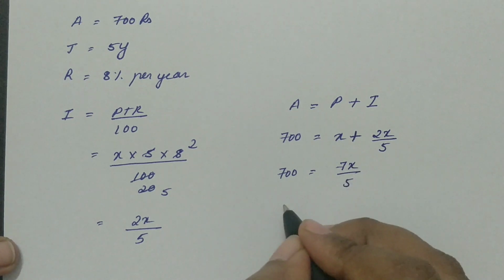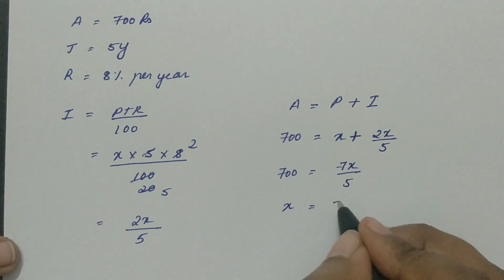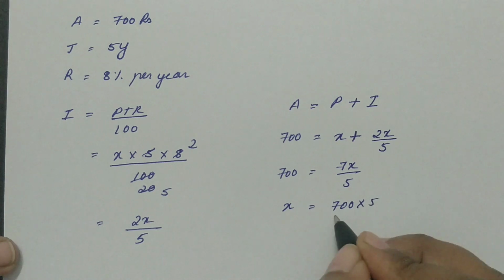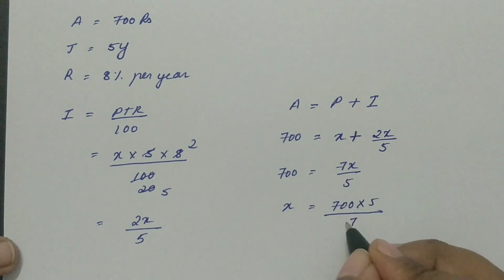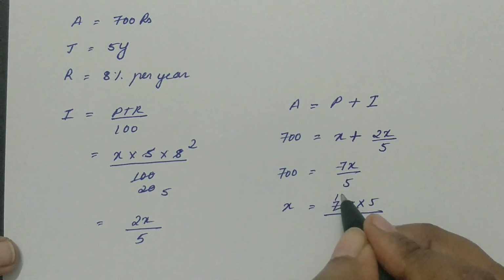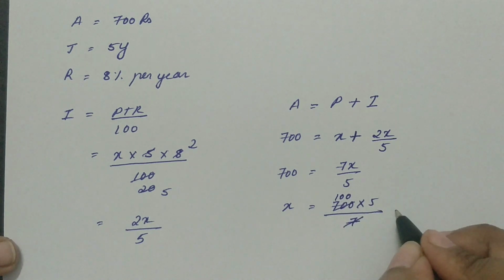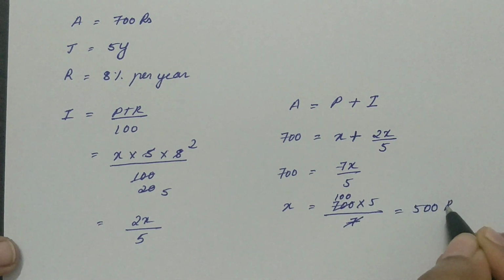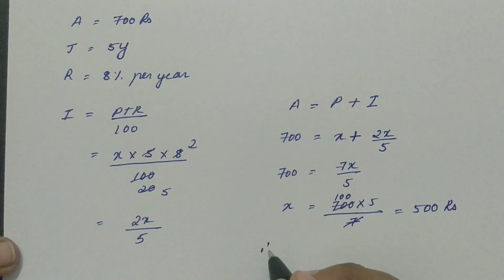From this, x equals 700 into 5 divided by 7, 100 into 5, 500 rupees. Therefore, principal equals 500 rupees.